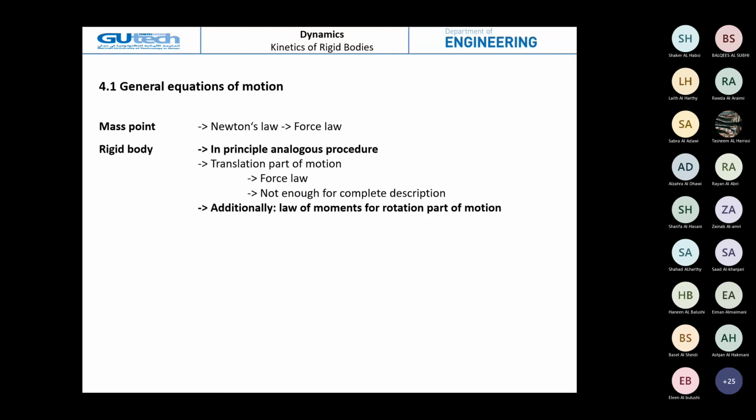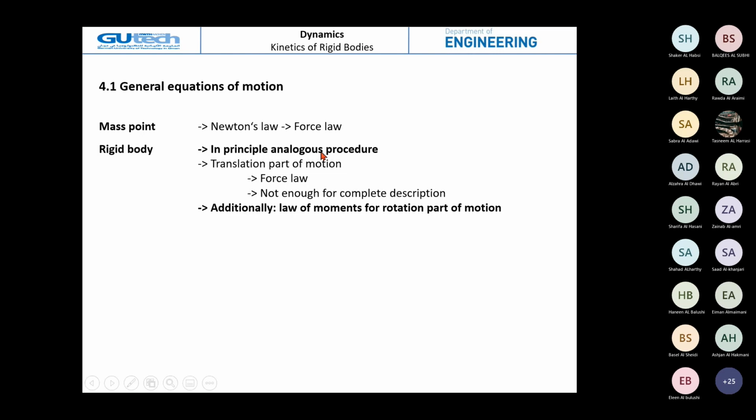Then we had the general equation of motion. For the mass point or the particle, we got from Newton's law that we had to apply the force law or the equilibrium. The same principle applies with D'Alembert. This is for the rigid body, in principle an analogous procedure where we use the same things. The difference is only the kinematic equation.